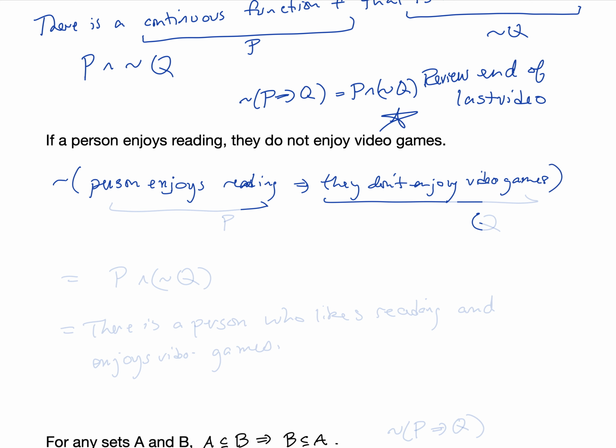If I want to negate that, one way I could do it, negate a statement of the form p implies q, is p and not q. So in that case, this is there is a person who likes reading or enjoys reading, and negation of q, they don't enjoy video games, so that means they do enjoy video games.